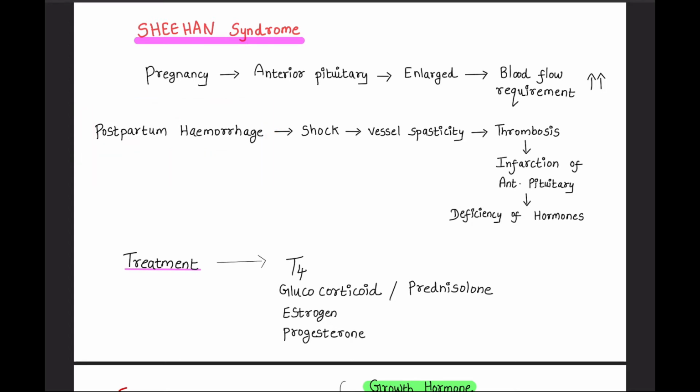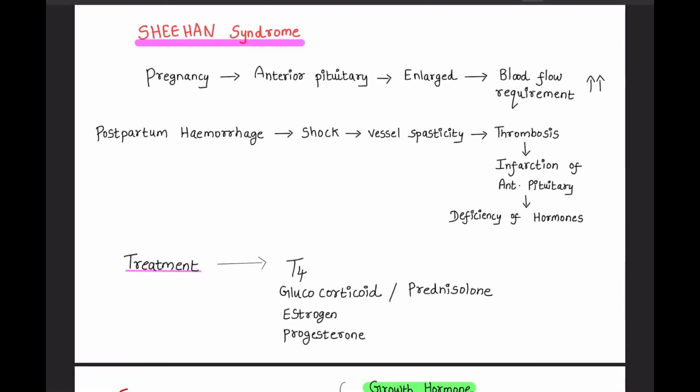If there is 15 to 20% blood loss from the body, the body will go into shock. During shock, there will be only a small amount of blood passing through your vessels, so the blood will become slower. When it becomes very slow, it forms a clot, that is thrombosis.